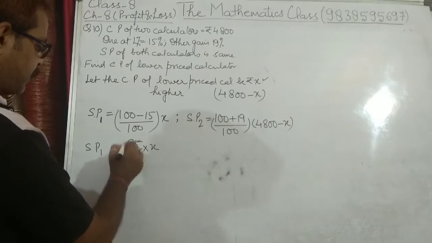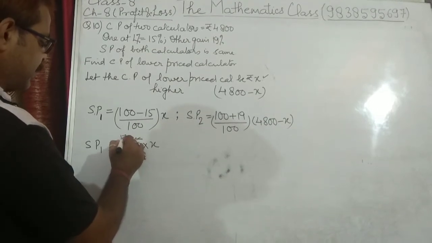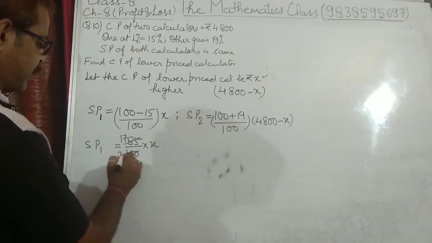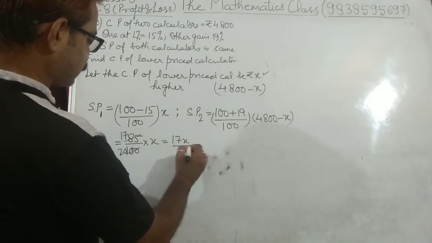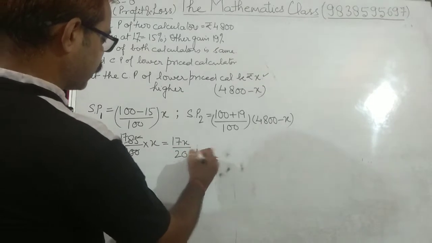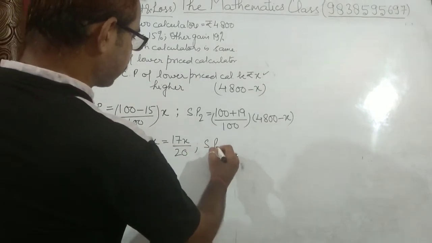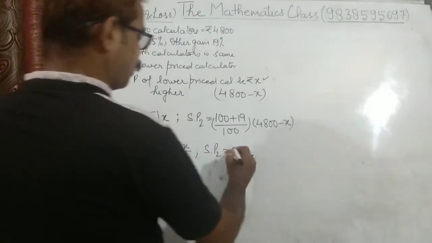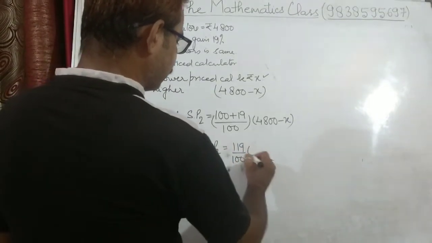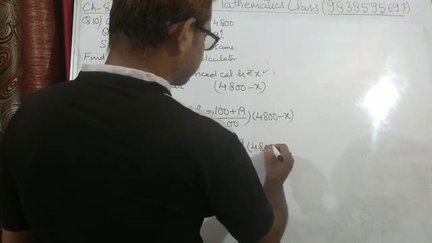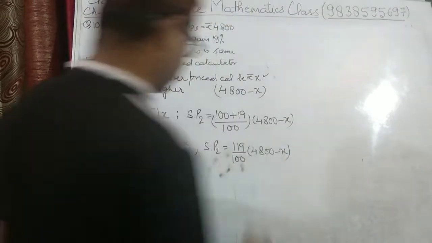Now 5 17s are 85 and 5 20s are 100. So it became 17x upon 20. Now in the second one, the selling price is 119 upon 100 into 4800 minus X.